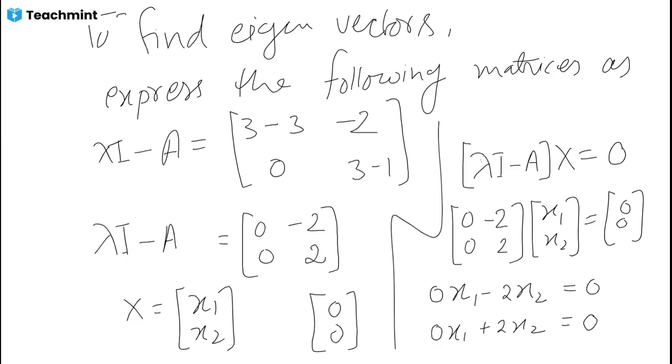But x1 is not exactly 0. It has some value. So let us consider any value. Here they have given us beta. We can choose any non-zero value. Let x1 be alpha, beta, a, b, any value.